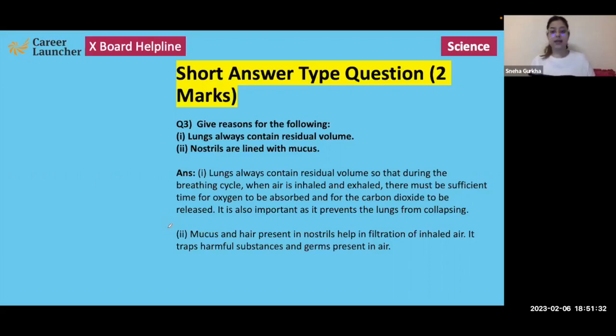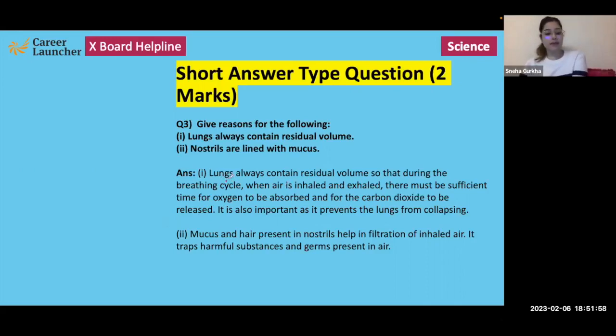The first thing is that it provides a time period for oxygen to be absorbed and carbon dioxide to be released. And secondly, obviously, it prevents the lungs from collapsing. So that is the role that residual volume plays, or that is the reason why lungs always contain residual volume.